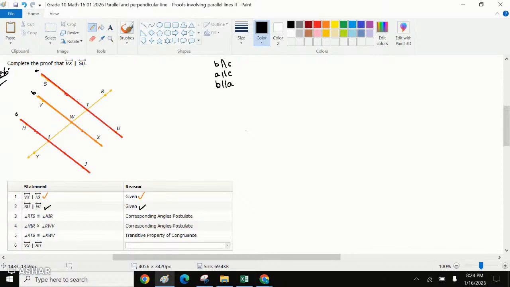These are the properties that we are given. The next one is the angle RTS. Where is RTS? This given angle. And HIR. This angle is given to us.